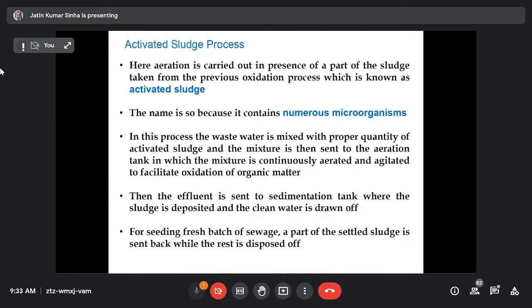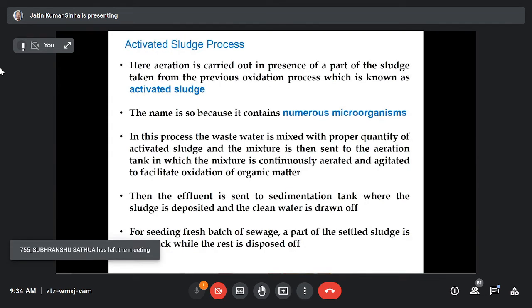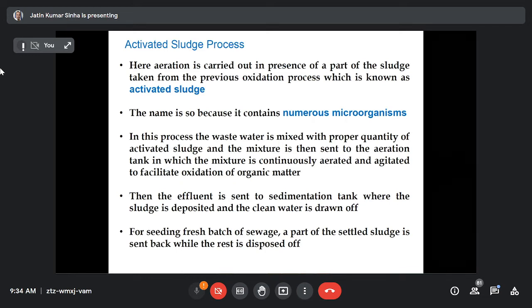This activated sludge has biologically active organisms. It is known as activated sludge because it is filled with numerous microorganisms, which are ready to convert all these organic matters to carbon dioxide and ammonia.